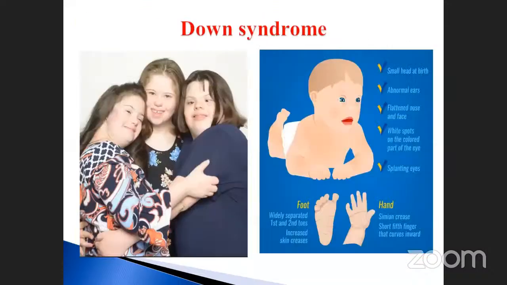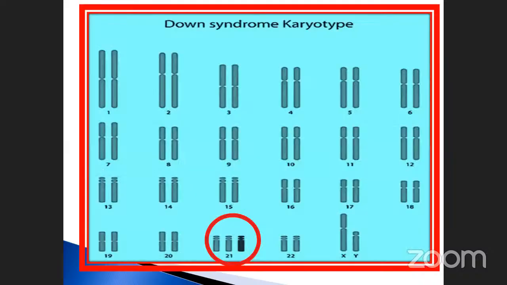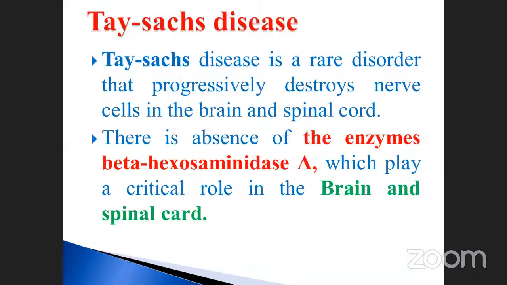Already we saw it. Down syndrome also we saw, isn't it? And then Tay-Sachs disease. These are all very, very important, my students. These come under the heading known as genetical disorders.